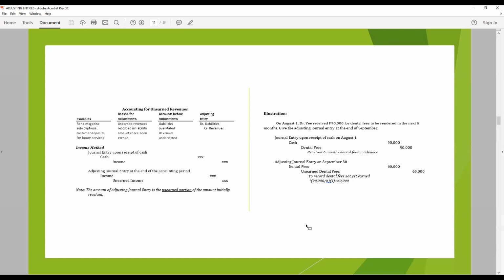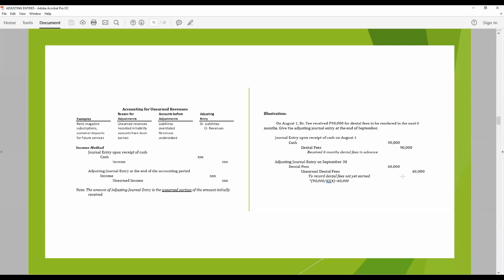Received 6 months dental fees in advance. Yan. So your journal entry on September 30 for the unexpired or unearned portion of your dental fee is debit nyo yung dental fee or debit dental revenue 60,000, credit unearned dental fees 60,000. So baligtad na naman siya ng liability method.